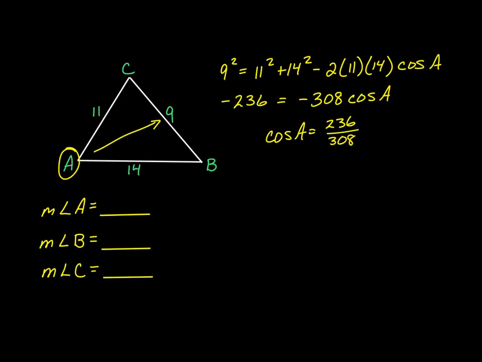Negative divided by negative is positive, giving us angle A is equal to the cosine inverse of that ratio, and that gives us angle A has a measure of 40.0 degrees.